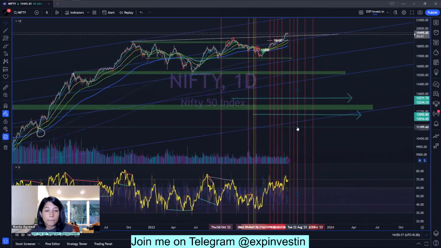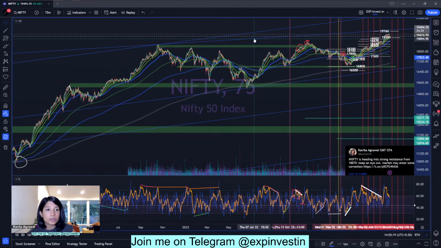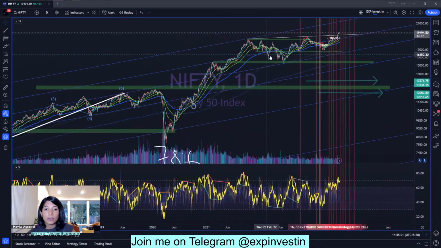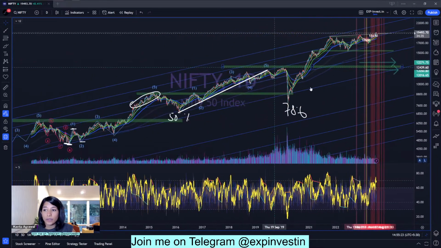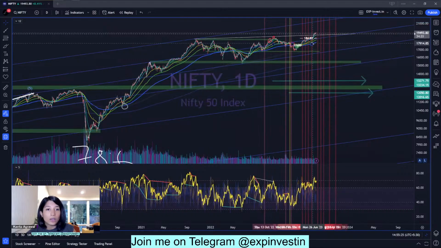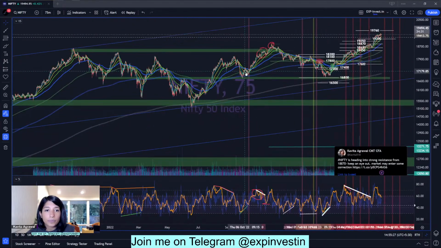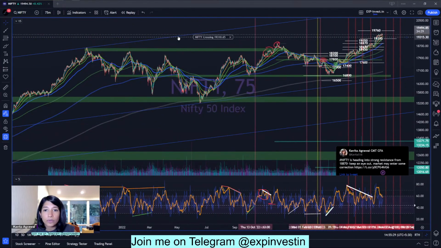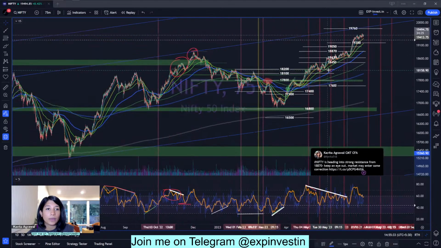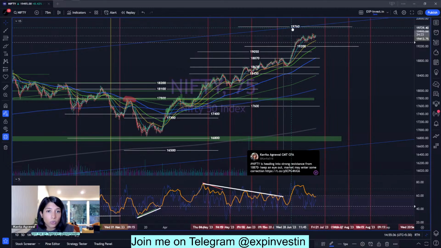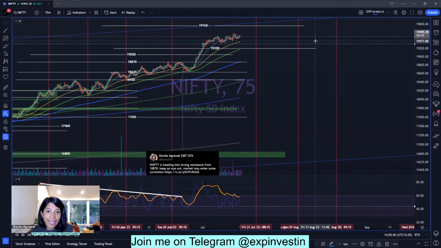Okay, what is this blue trend line? We're just going to clone this trend line and bring it down here. So this blue trend line coincides with the 19,760 level, which is the seeming next resistance for the index.